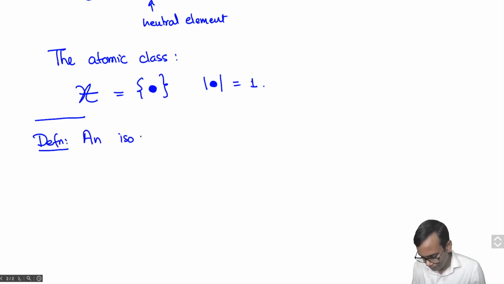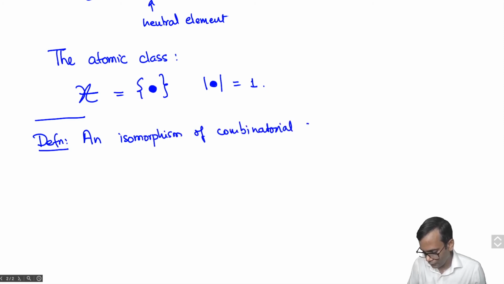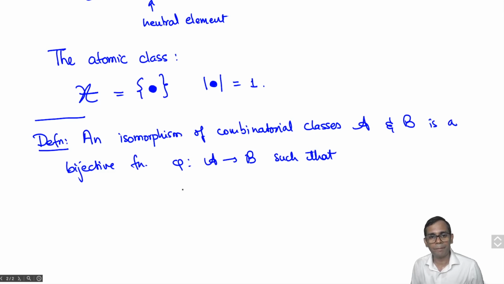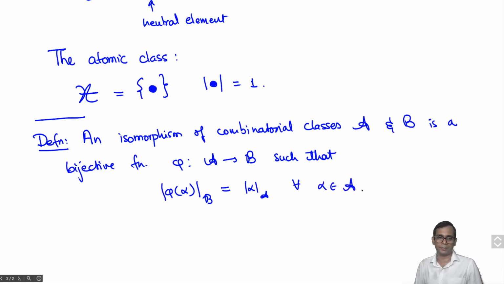An isomorphism of combinatorial classes A and B is a bijective function phi from A to B, such that if you take any element of A and you take its image under phi and you take its size under B, that is going to be the same as the size of the original element in A. So it's basically a size preserving bijection.